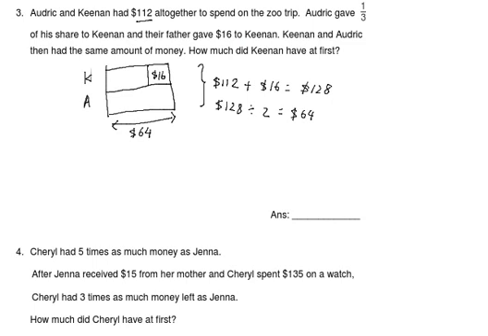Am I right? Okay. And another thing is, Audrey gave 1/3 of his share to Keenan. That means Audrey is left with what fraction? 2/3, which is how many units? 2 units, right?